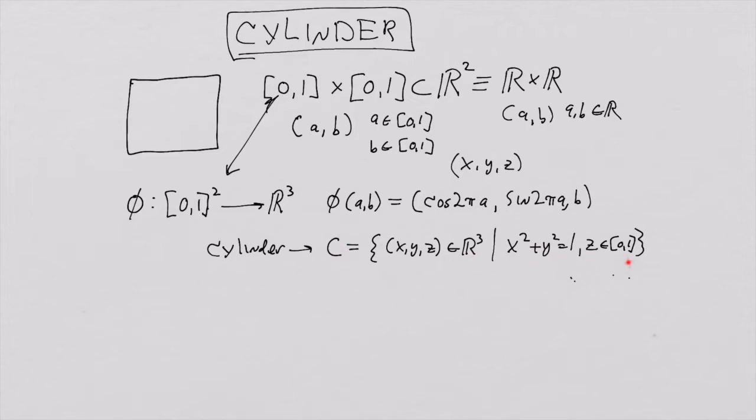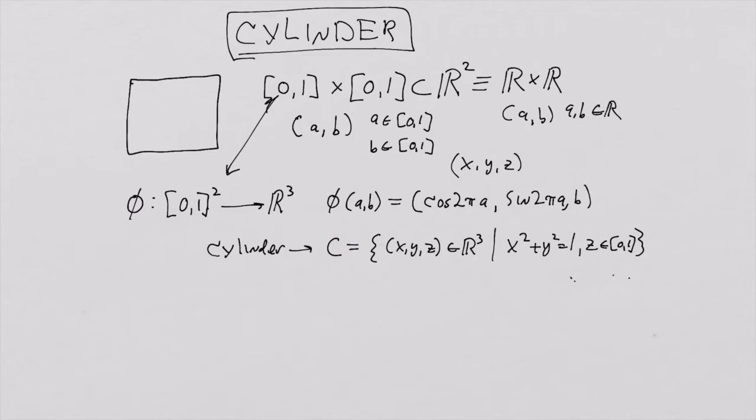But once we make this into a topological space, we need to show that this topological space is homeomorphic to some quotient space. And that quotient space is going to have an underlying space with an equivalence relation that we're going to develop. So we're going to show all that. But right now, this is the cylinder as a set.